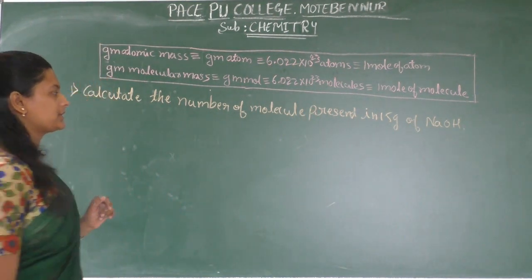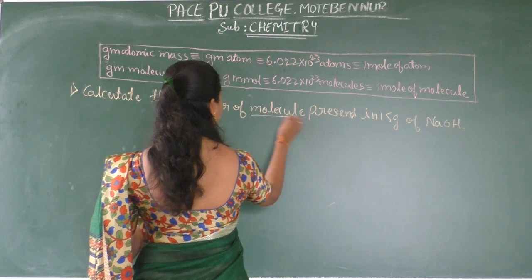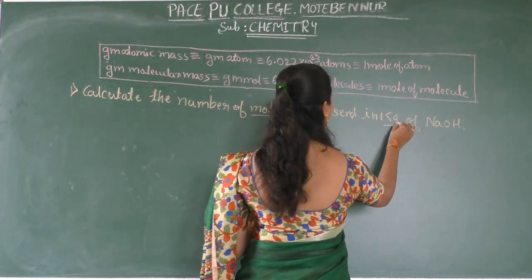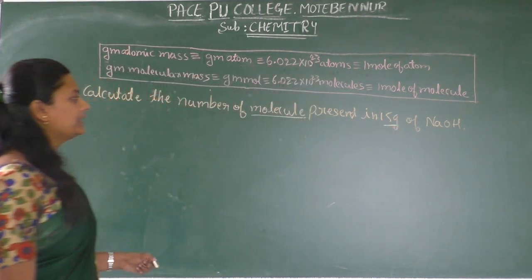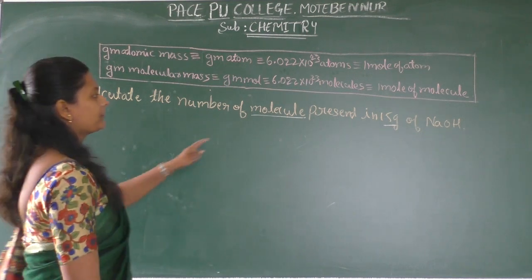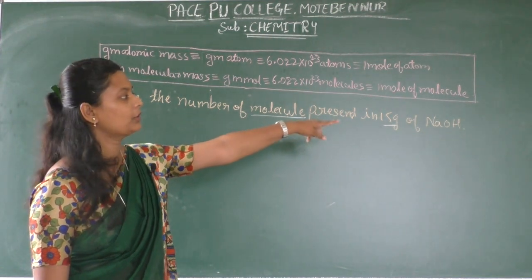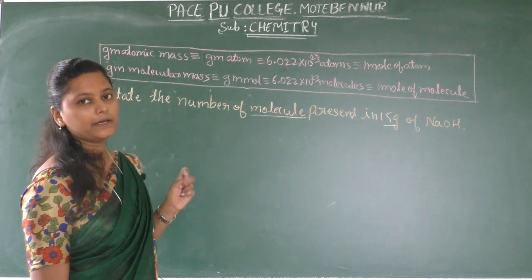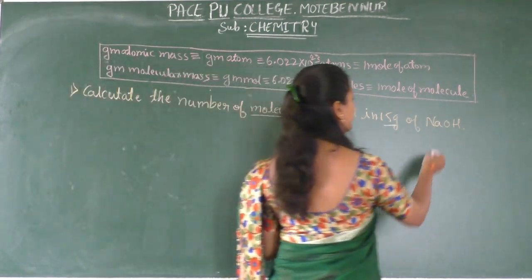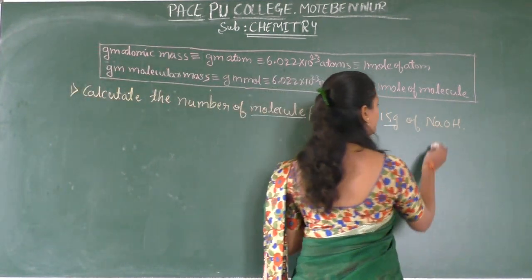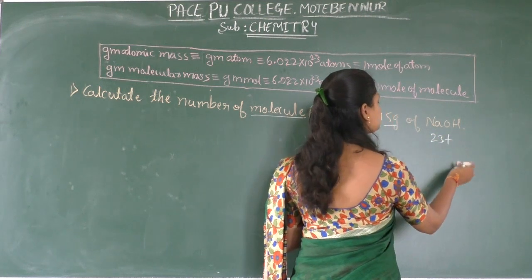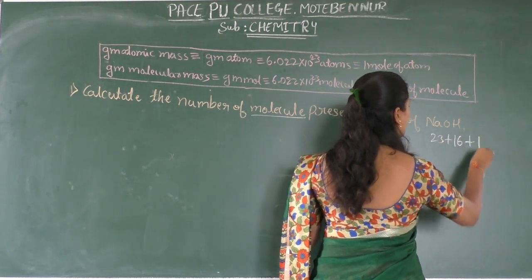So here we already know the relationship between the molecule and grams. Okay, so first we have to calculate the molecular mass of NaOH. Here the atomic mass of sodium is 23 plus 16 plus 1.